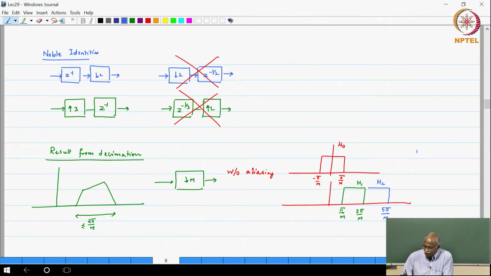They are basically called the DFT filter banks. The reason for the name is that these are all shifted by 2 pi over m, which is the same as a DFT twiddle factor.